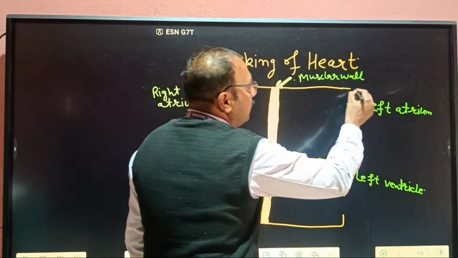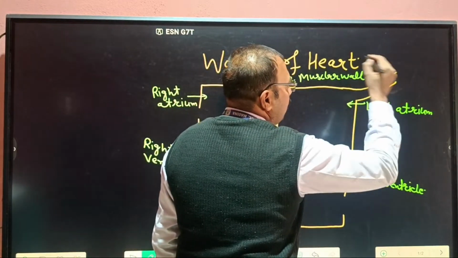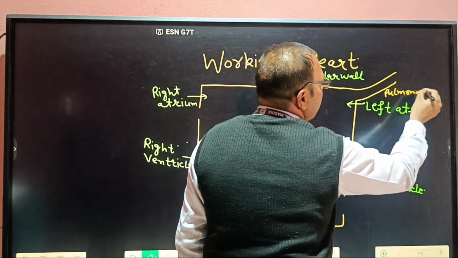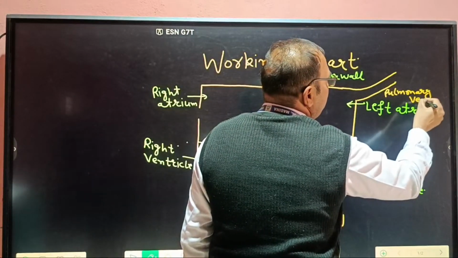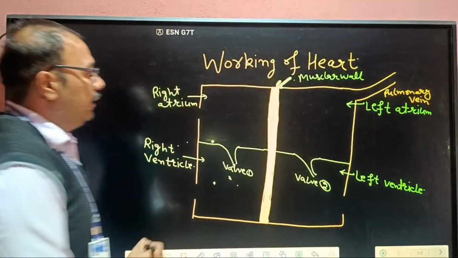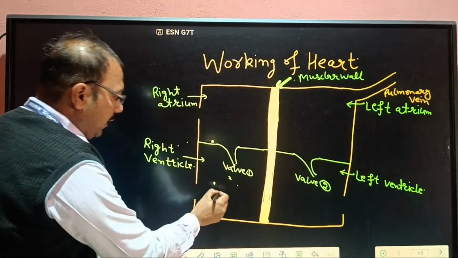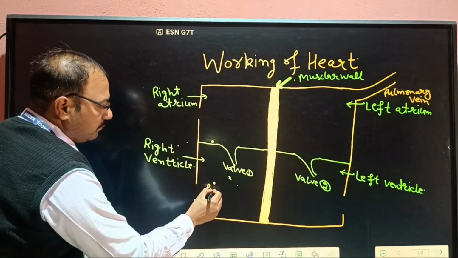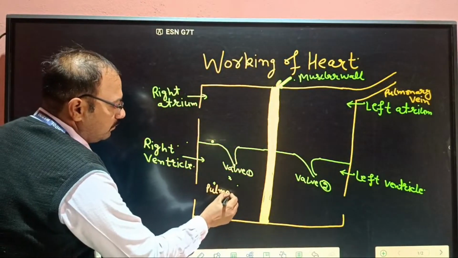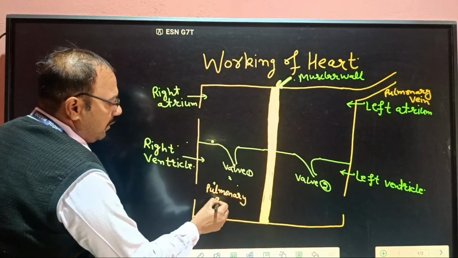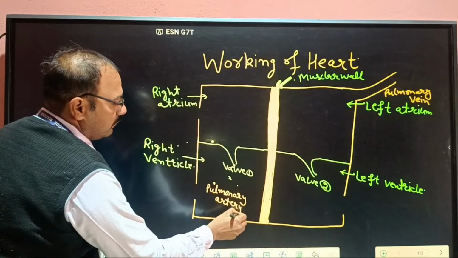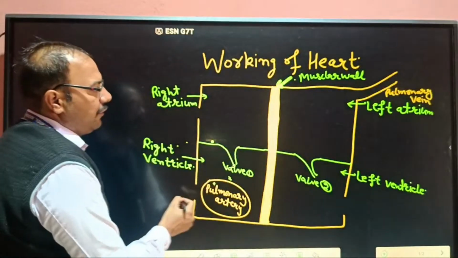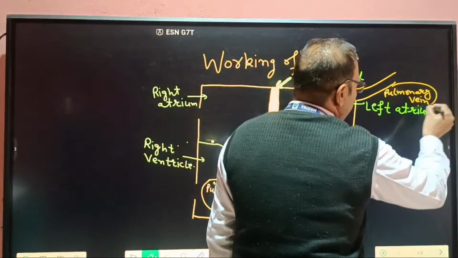Basically, here blood comes in, and this is known as the pulmonary vein. And here, for example, blood is supplied to different parts of the body, and this is known as the pulmonary artery. So these are two important things, the pulmonary artery and the pulmonary vein.